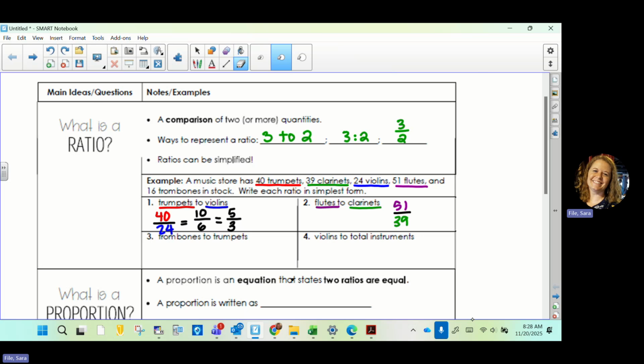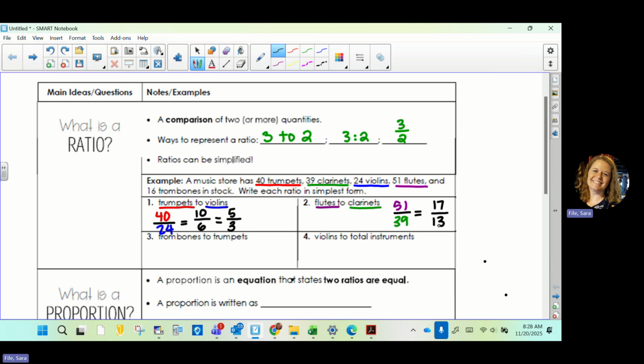They're not even, so I know it's not divisible by 2. So maybe it's divisible by 3. And they are. If you divide both of those by 3, you get an integer, which means it reduces. If I divide out a 3 from both of these, I get 17 over 13.